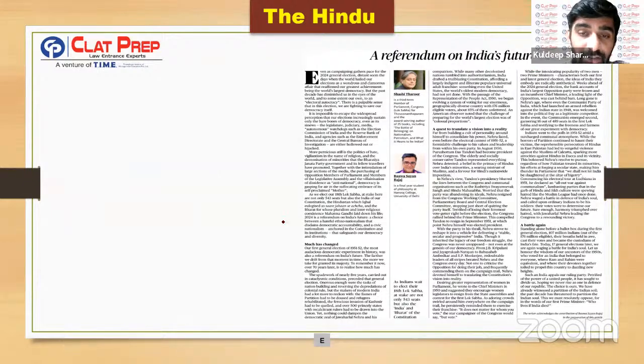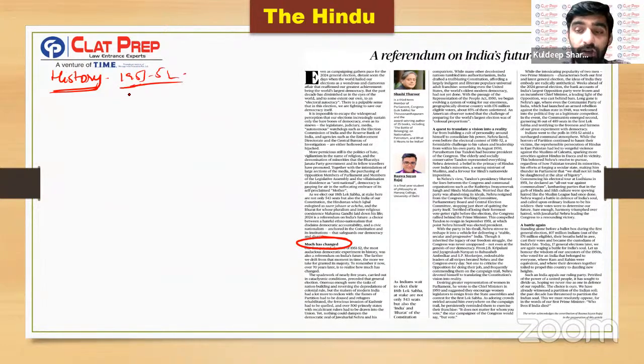After this, he has talked about how from here on, much has changed. He is talking about the history of elections and how Congress has been at the forefront of fighting communalism in India and such kind of autocratic nature in India. For example, starting from 1951-52, when the first Lok Sabha election took place, it wasn't that Congress was automatically a secular party.